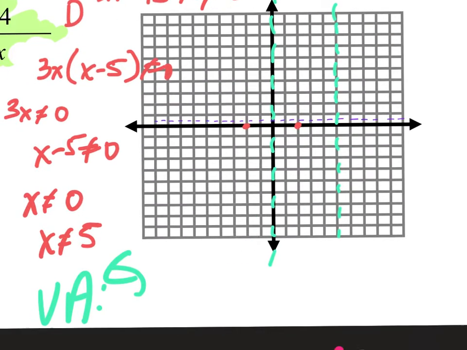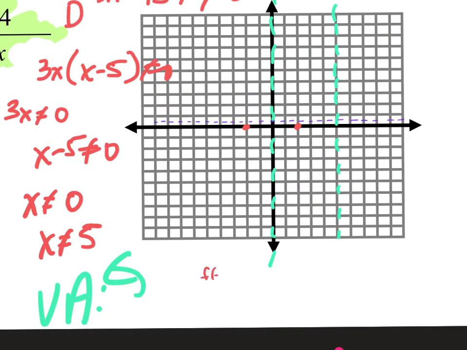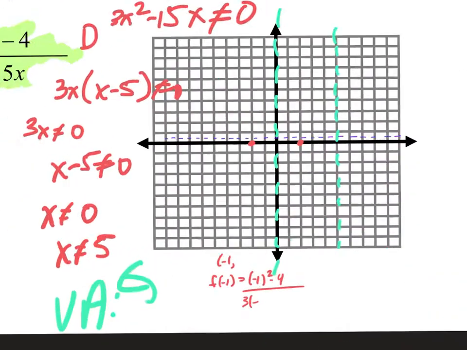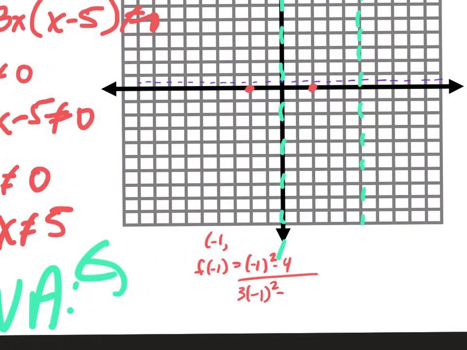-1. Okay, -1. If I plug in -1, f of -1, what do I get out? My function is -1 squared minus 4 over 3 times -1 squared minus 15 times -1, right?